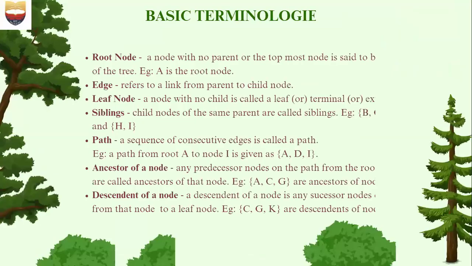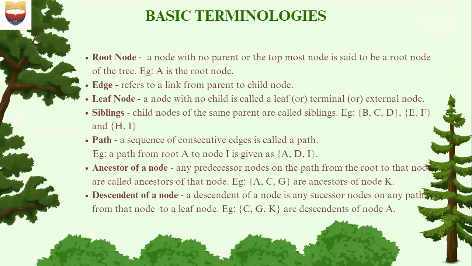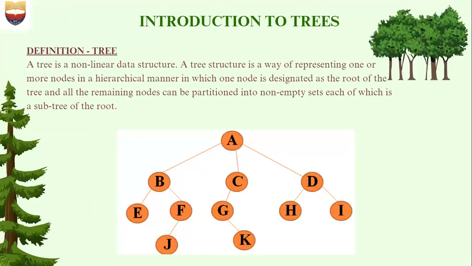Next term is edge. An edge refers to a link from parent to child. Each parent is connected with their children through links. Again, come to this picture. Here, each pair of nodes are connected with the help of links or edges.